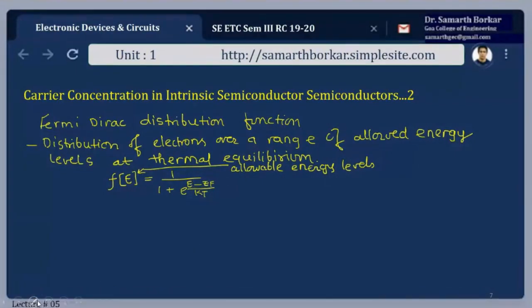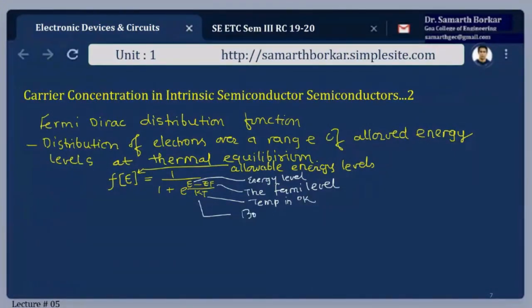This E here is the energy level. EF is the Fermi level. T is the temperature in degrees Kelvin.